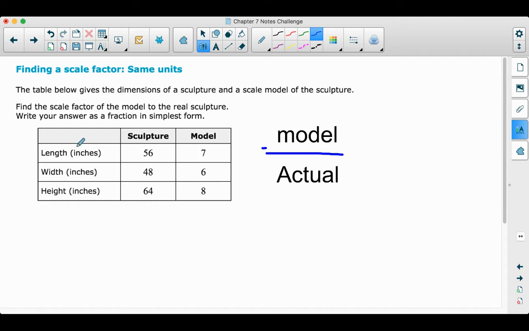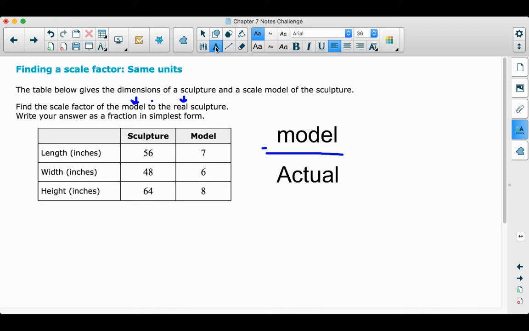So looking here, they gave us find the scale factor of the model to the real sculpture. And right there, you know that the model is going to go on top because it says model to the real sculpture. The way that they say it is the way that it's written. So here's what I'm going to do.